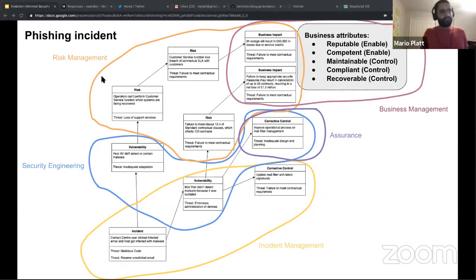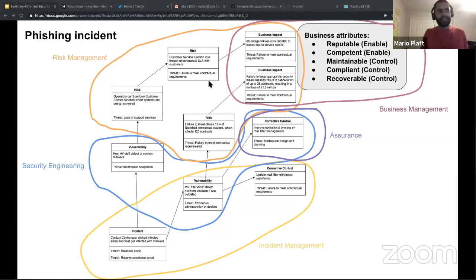Then you've identified that from an operational perspective, what ended up happening was the customer service function couldn't operate whilst those devices were being brought online, right? So that ended up affecting the whole contact center, and you've had downtime. So here, you've breached your SLA, so that was the failure to meet your contractual requirements.